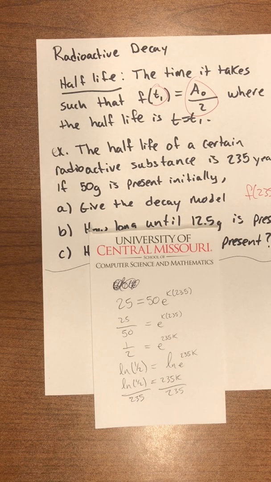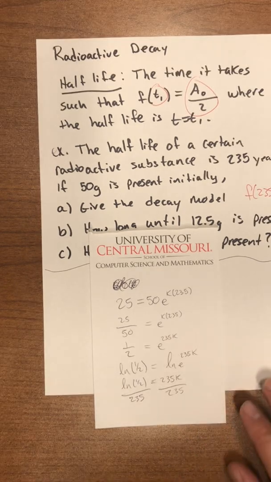And the natural log of 1/2 is negative 0.69, and then you divide that by 235, you're going to get a negative number, which is approximately negative 0.003. I'm going to round it there.